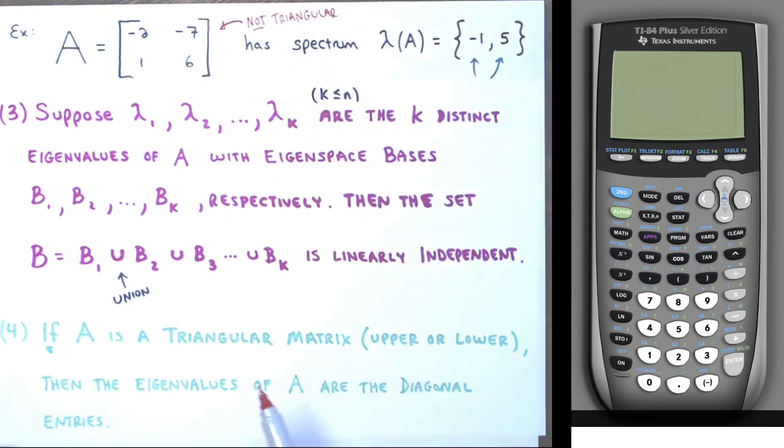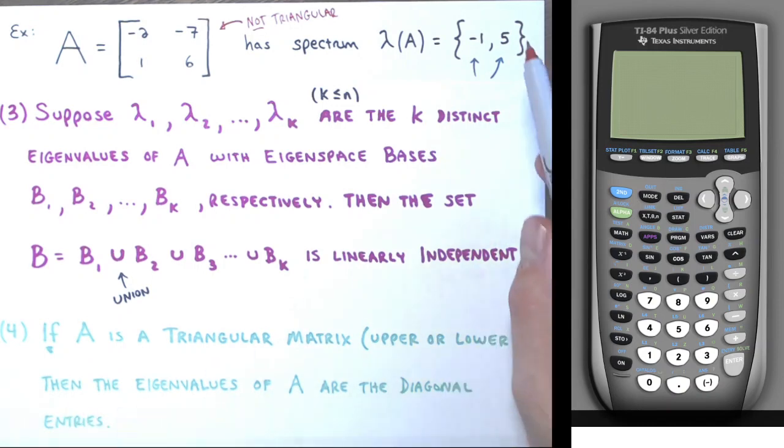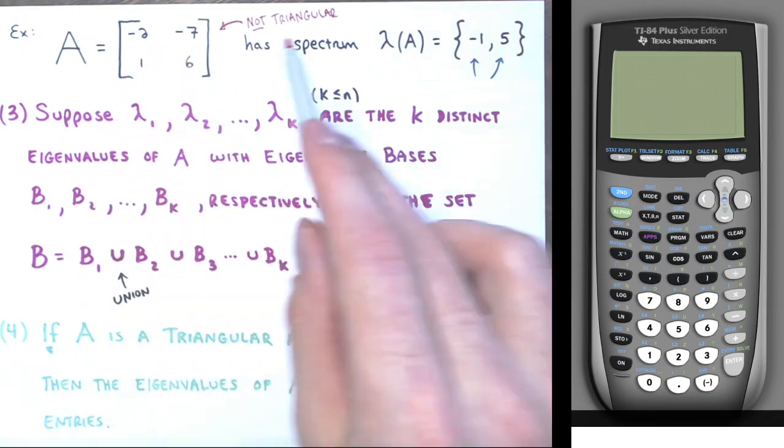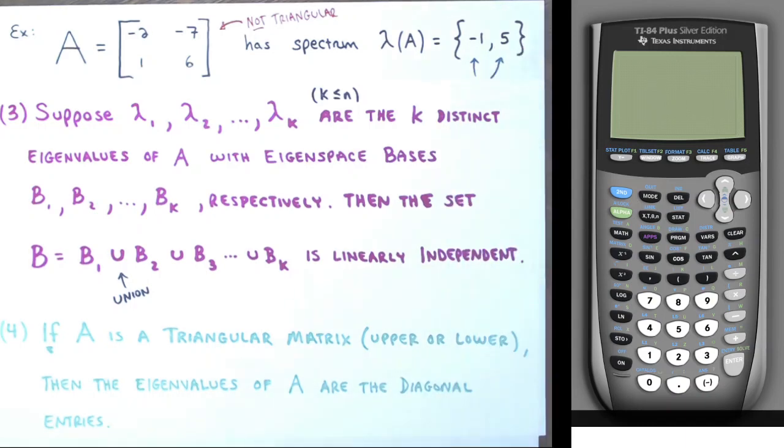So statement 4 does not apply. Notice that the eigenvalues are not the diagonal entries. Negative 2 and 6 are not the eigenvalues here. It's only for triangular matrices that you're guaranteed the diagonal entries are the eigenvalues.